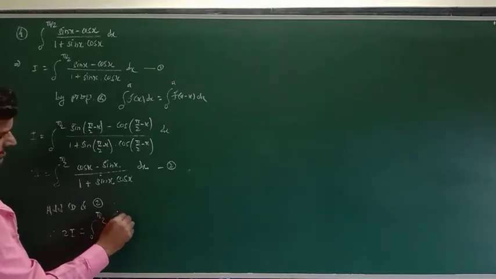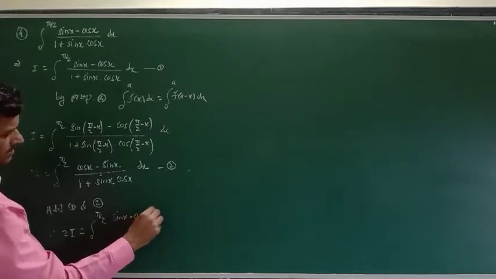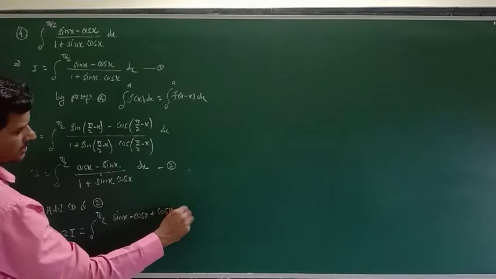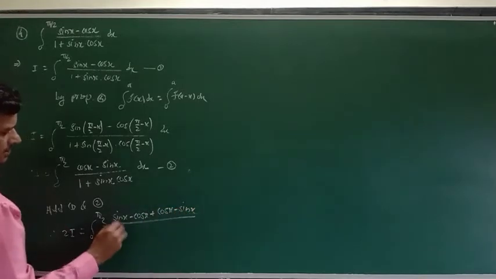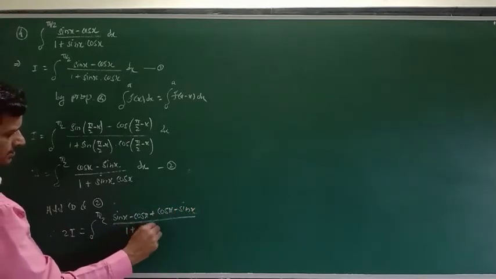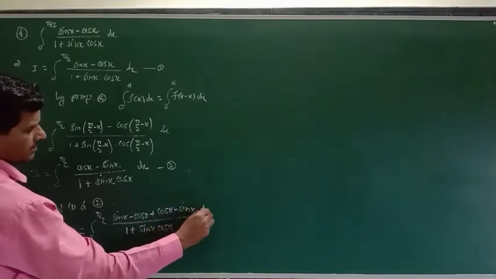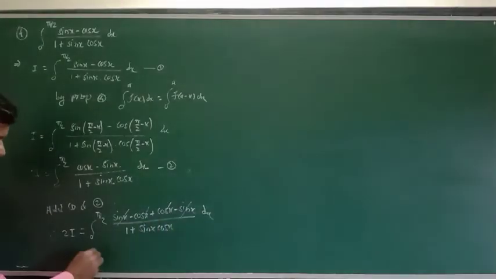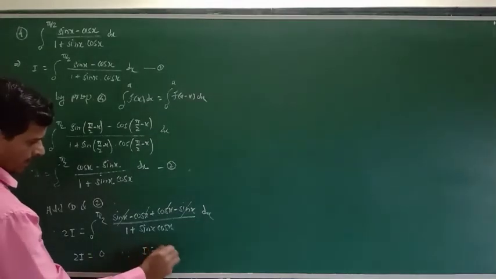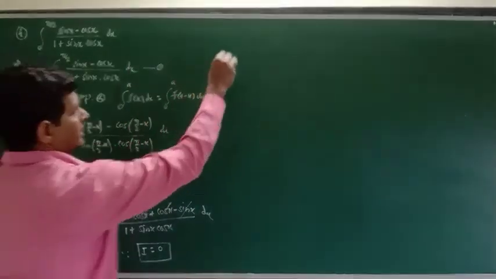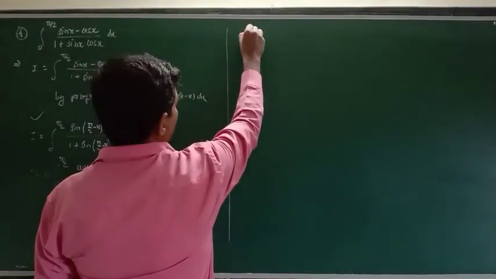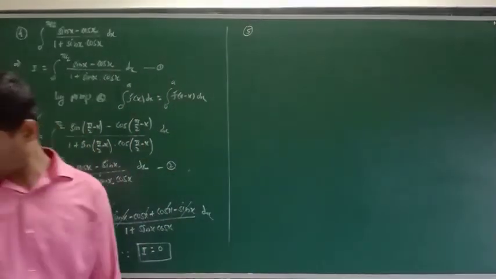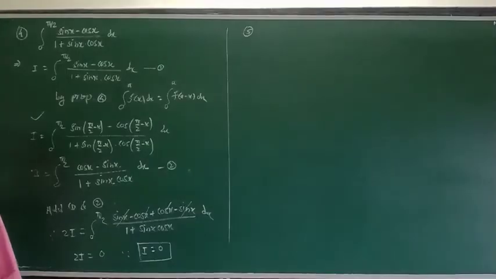So sin x minus cos x plus cos x minus sin x upon 1 plus sin x cos x dx. Minus sin x plus sin x, and cos x minus cos x get cancelled. So 2I is equal to 0, and from that I is equal to 0 is the value of this definite integration.